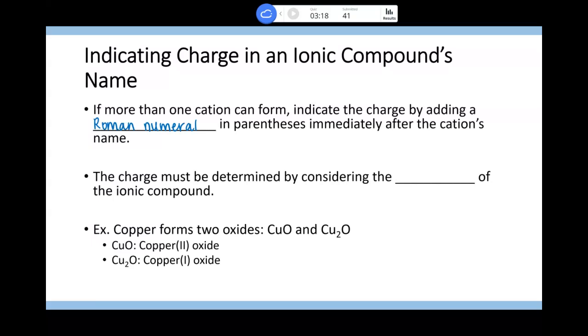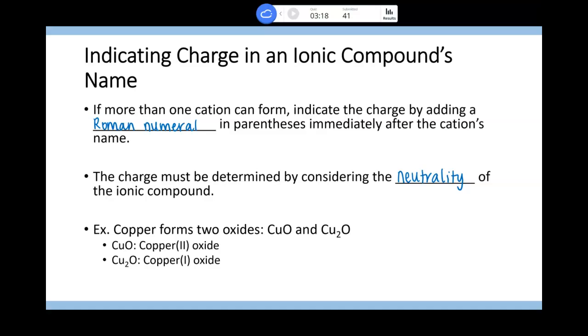And then the charge of the cation is determined by considering the neutrality of the ionic compound. So remember, charges must cancel out to be neutral overall, and anions don't have varying charge, so we can always look to the anion to determine the charge of the cation.